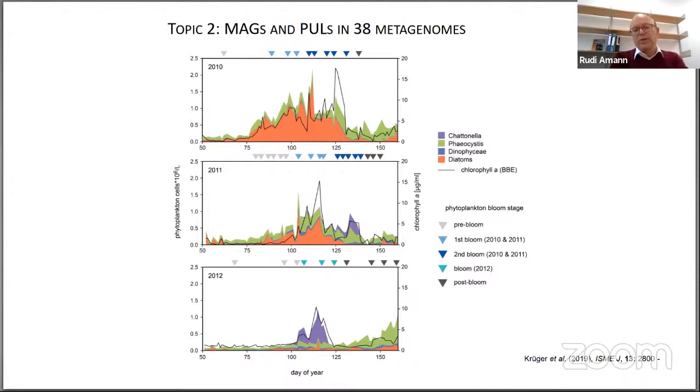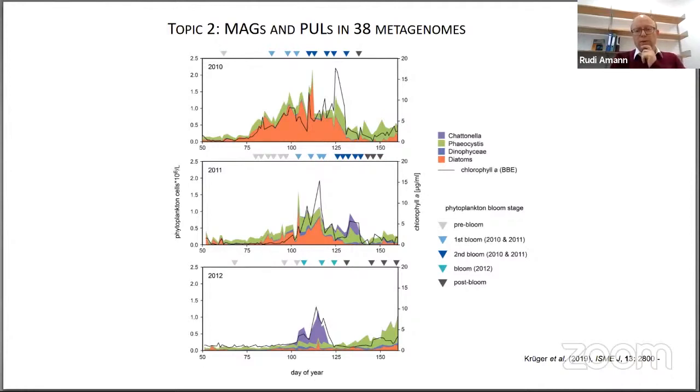These are pure cultures. And in the environment, bacteria never live in a pure culture. They always live together with other bacteria. If you just want to recall one important bit of information from the last talk, the average genome size of an isolate is 3 to 4 million base pairs.